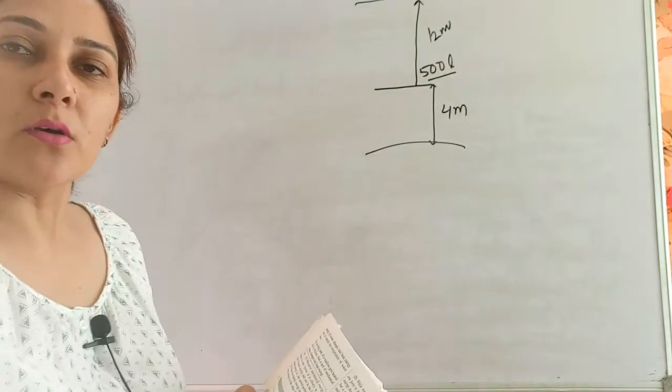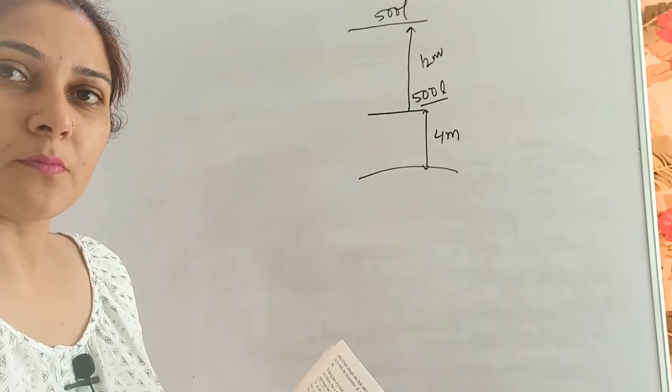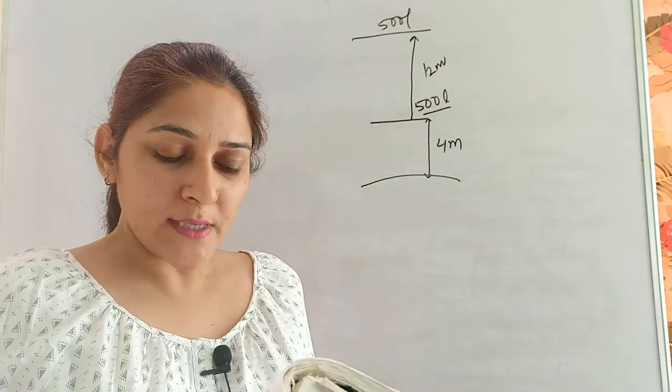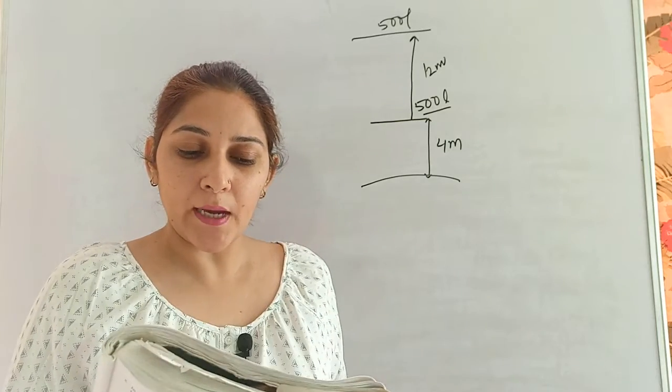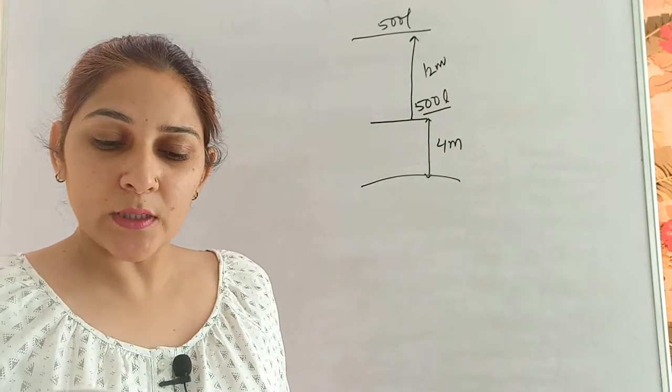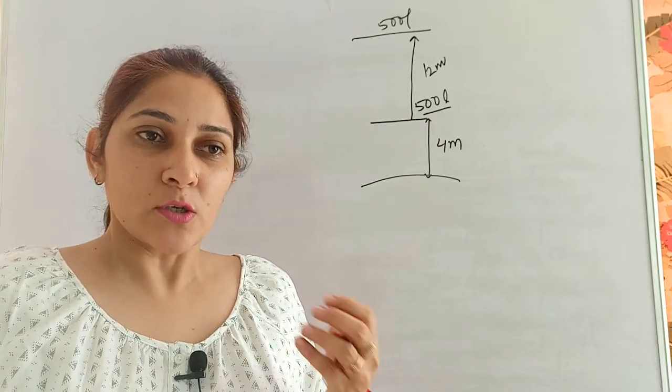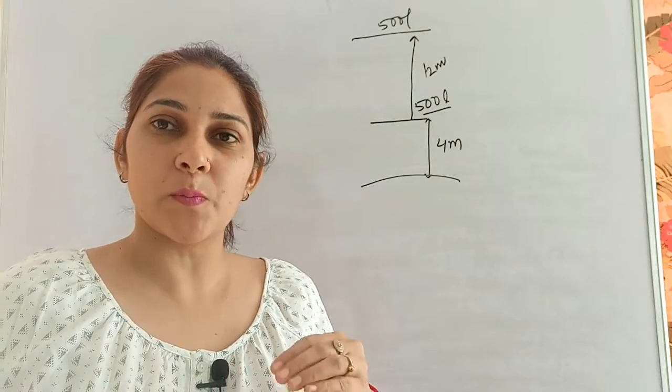Now the question says of a house at 4 meters to its third floor at a height of 12 meters, state whether the potential energy of the water will decrease or increase. First of all, let's talk about this part only.